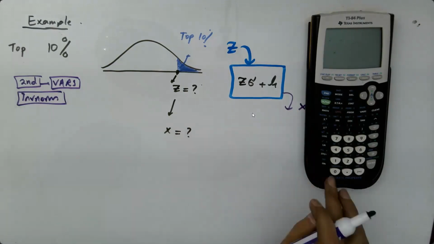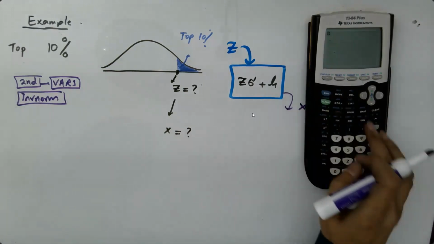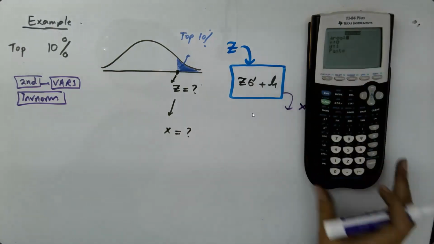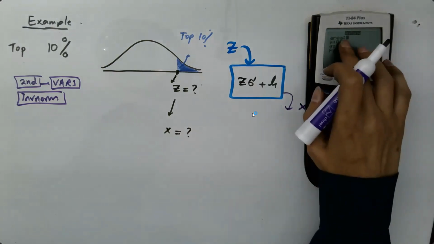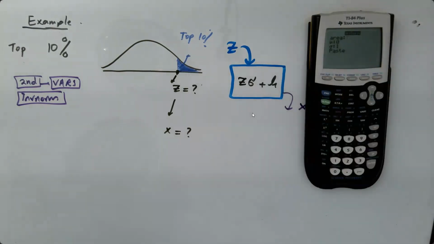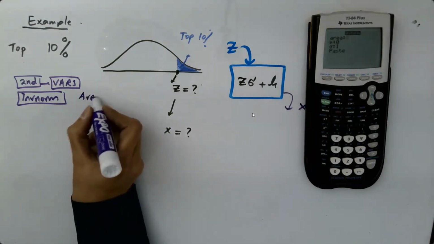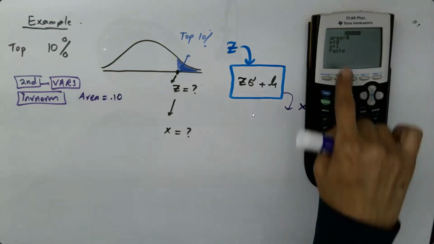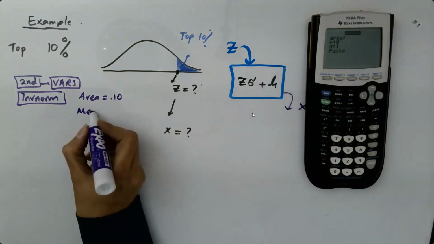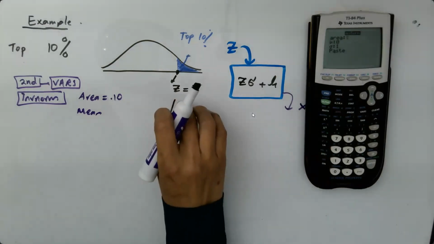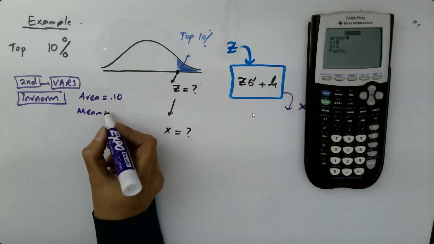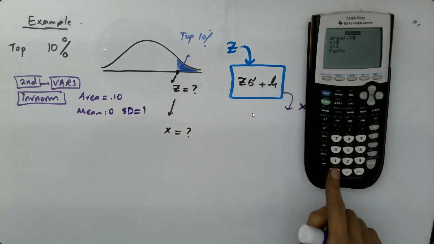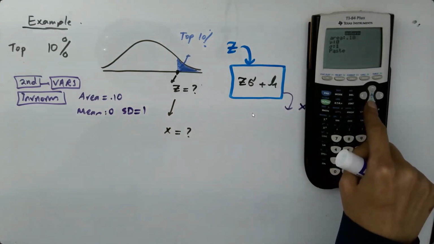The area is 10%, so 0.10, and the mean is 0 because you are trying to find your Z. Mean is 0 with standard deviation 1. So 0.10, mean 0, standard deviation 1.